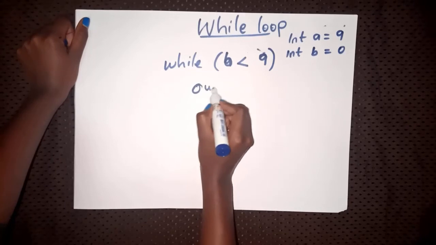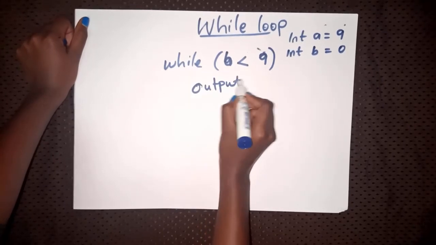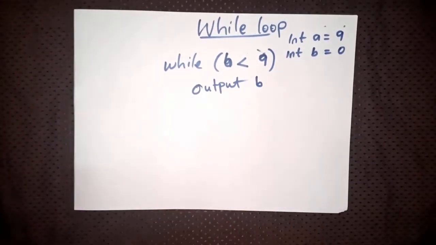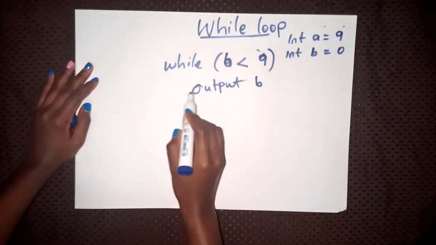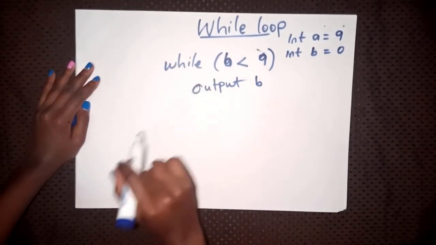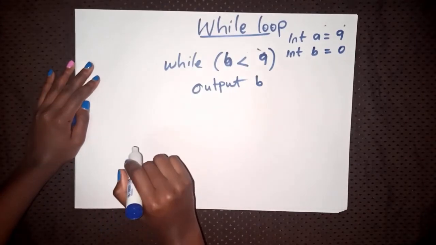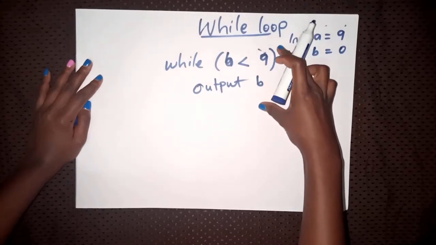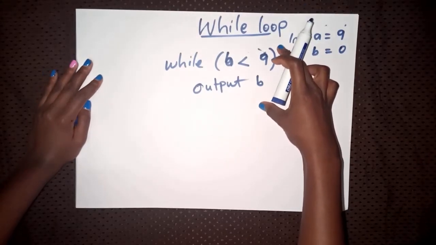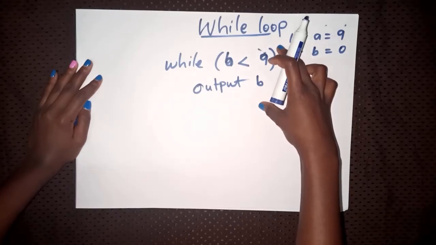We can say output b, because b is the one changing, so we can just output it as it increases. Whenever we write this statement this way and add nothing else, there will be a problem because this statement will run forever. It will make your machine hang, and at times it may even make you have to restart it.